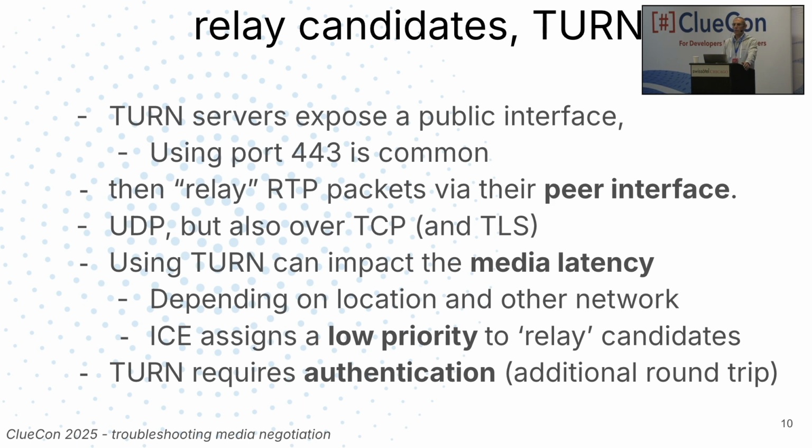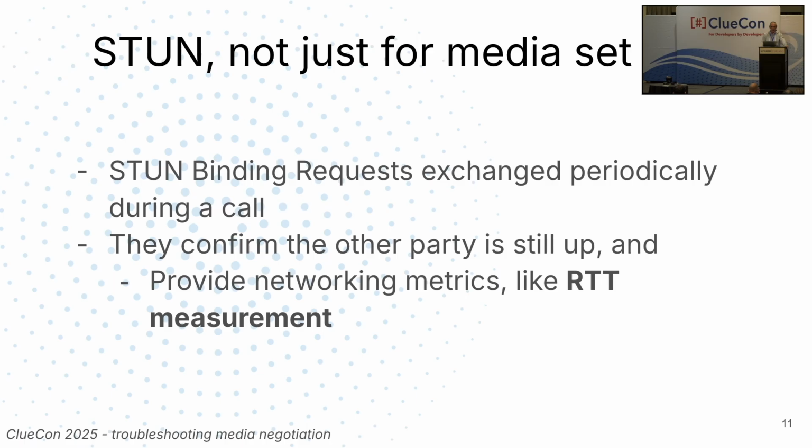Even if in normal conditions, like for our customers working, for example, in call centers, the networking situation of the browser is not so unpredictable. That's typically something that can be planned. So theoretically, there shouldn't be any need to go over TURN using TCP, because that makes things a little bit more complex, and it requires a little bit more to discover the candidates, because there is an additional round trip for authenticating on TURN, and it could add media latency.